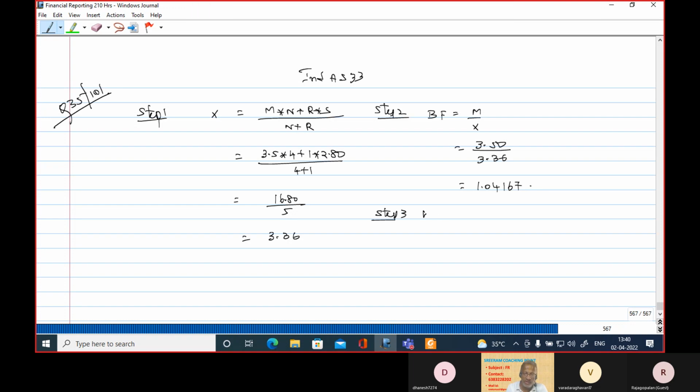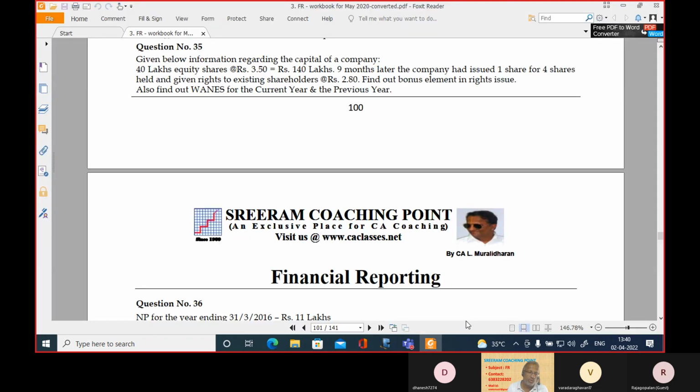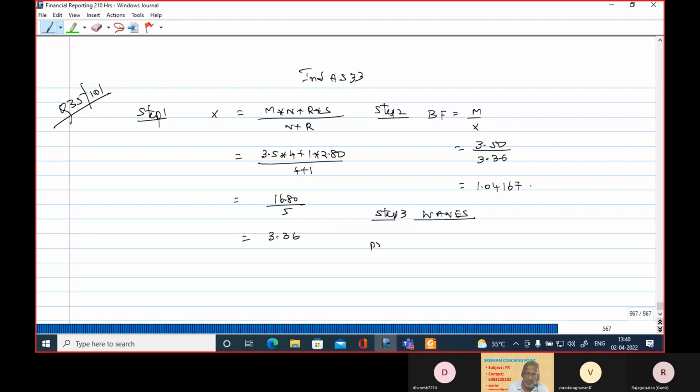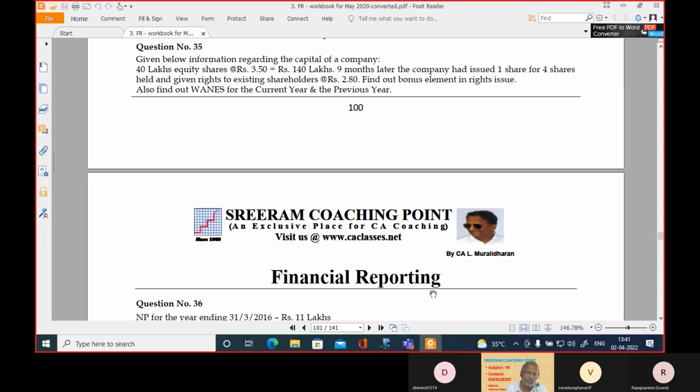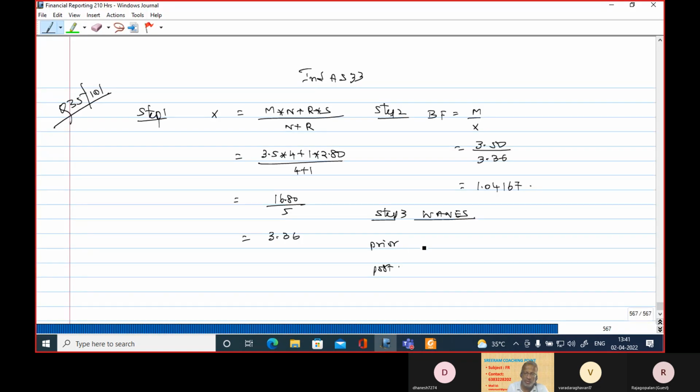Step number 3, weighted average number of equity shares. One should find out at what point of time this happened. Number of months prior, number of months after. It happened only 9 months later. So this bonus factor is to be applied only for the period prior.